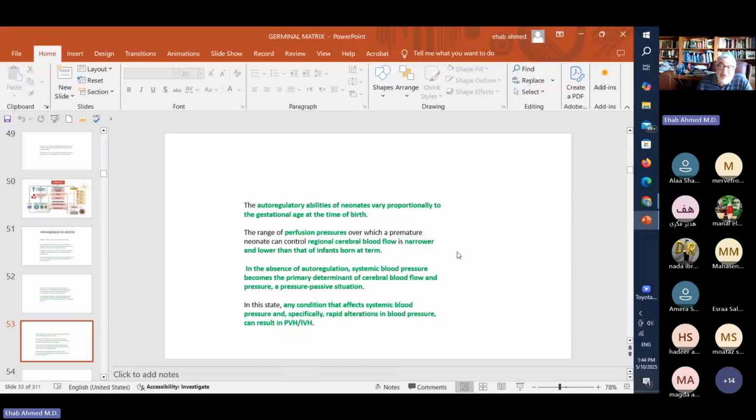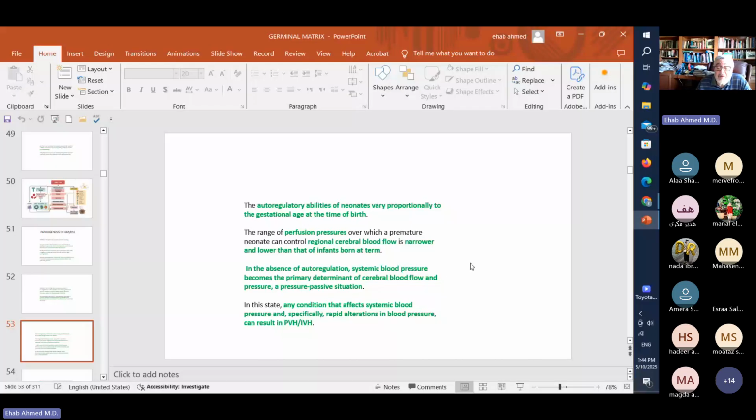And the most important factor, based on the fact that the germinal matrix is fragile and cerebral blood flow is lacking autoregulation, is that systemic blood pressure problems come number one in the risk factors.